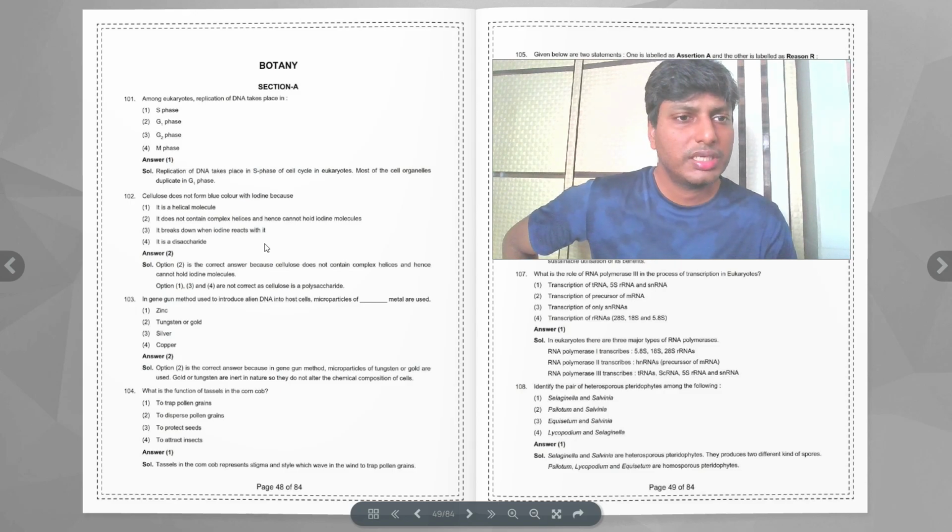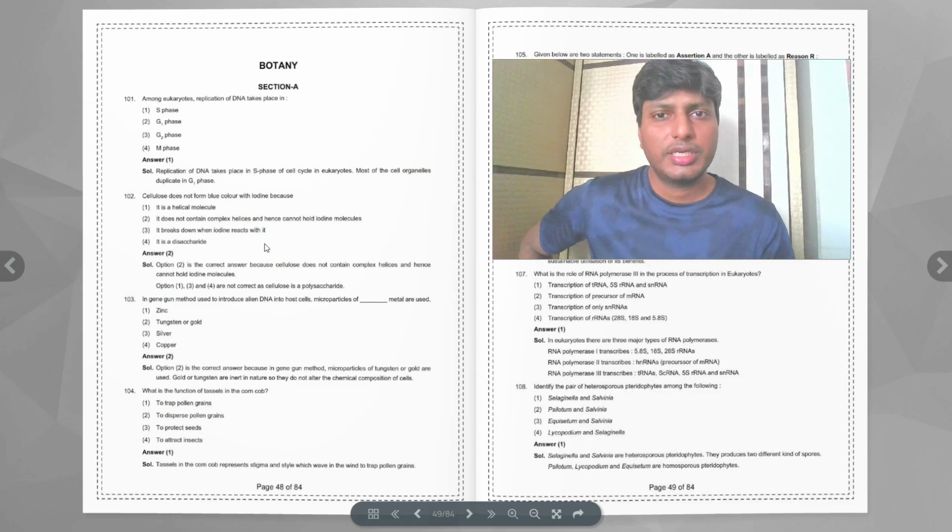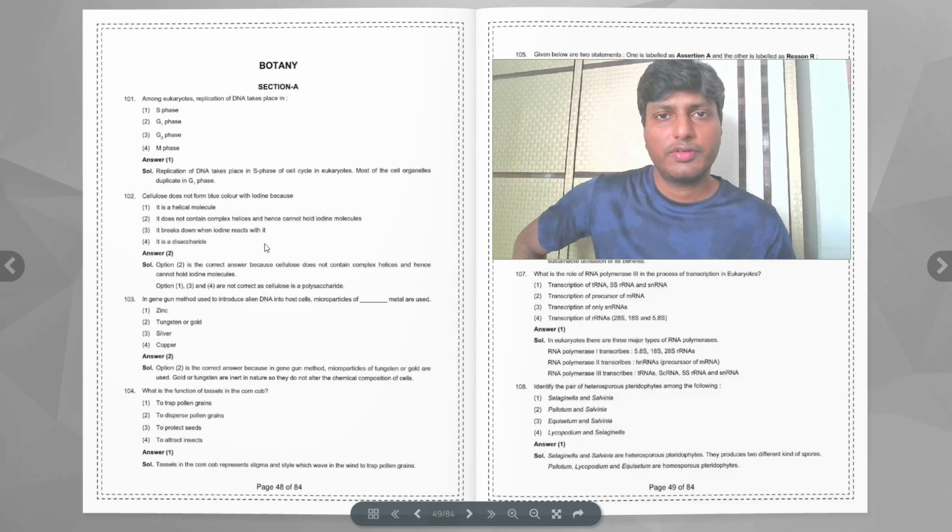Here they're asking why cellulose does not form blue color with iodine. If you compare cellulose and starch, starch is a homopolysaccharide, and cellulose is also a homopolysaccharide. What do we mean by homopolysaccharide and heteropolysaccharide? A homopolysaccharide consists of the same type of sugars. For example, starch and cellulose are made up of glucose molecules only. They don't have other monosaccharides like galactose or fructose.